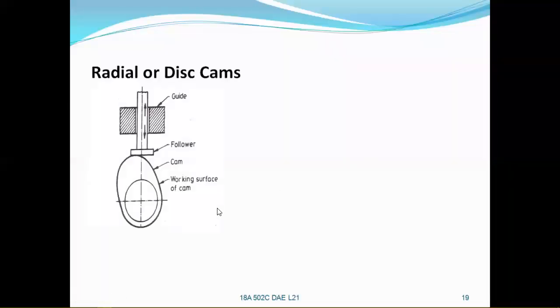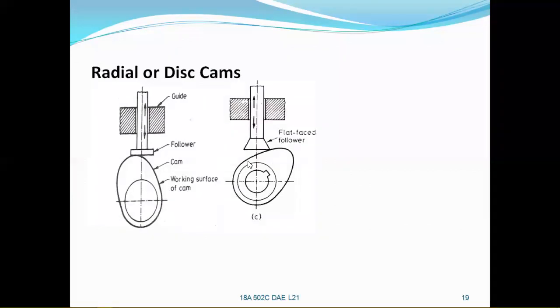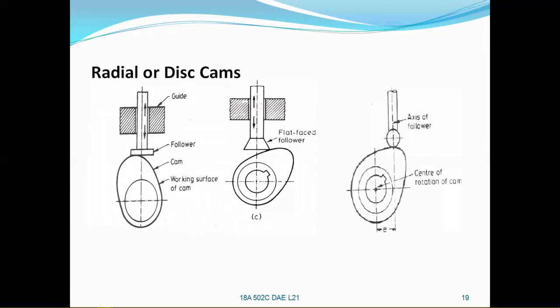In the radial cam, here you can see the guide or the frame, this is the follower, this is the cam, and this is the working surface of the cam, and this is the axis of the cam, and this is the axis of the follower. And this is another follower, and this is the axis of the follower and center of cam, and here it is the offset which is away from the axis of the cam shaft.